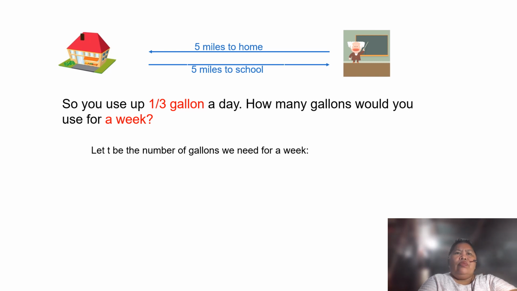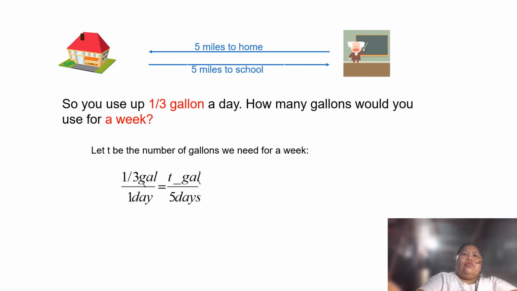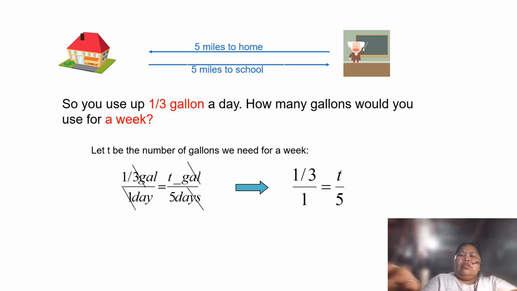Let T be the number of gallons we need for a week. So 1/3 gallon per day is equal to T gallons for 5 days. Okay, so cancel gallons and days. So we have 1/3 times 5 and T over 1.